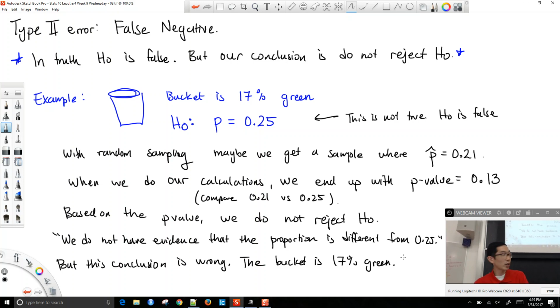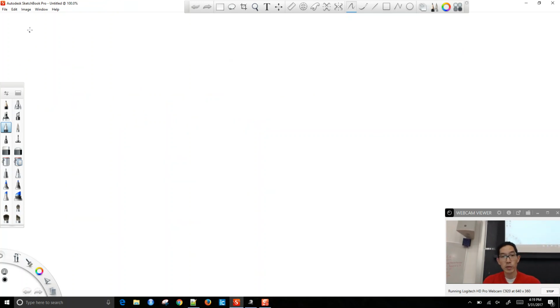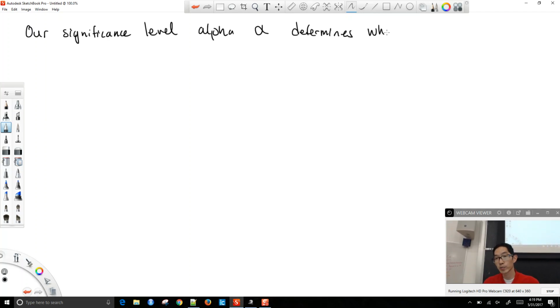Okay, so earlier we said our significance level alpha determines whether we reject or do not reject the null hypothesis. Our choice of alpha actually reflects our willingness to make a type 1 error.